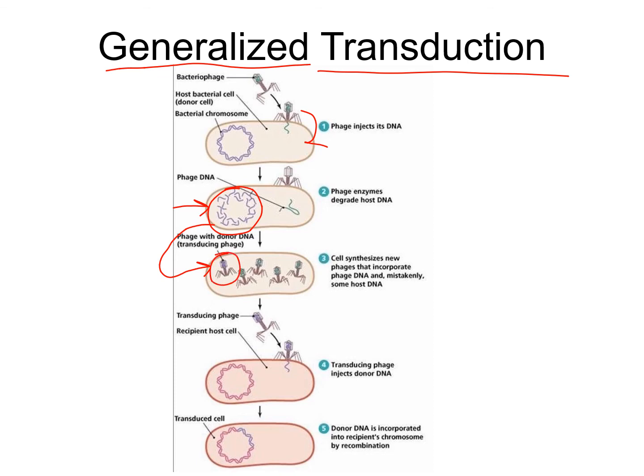So upon release, this phage particle now contains bacterial genes. So when it attaches and penetrates into the next host cell, it is actually injecting bacterial DNA. And that bacterial DNA can then splice into the host cell's chromosome, and now whatever genes are on that fragment of bacterial DNA, that cell can produce those proteins.